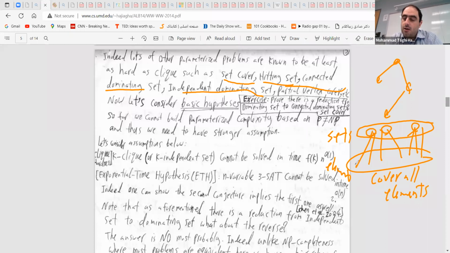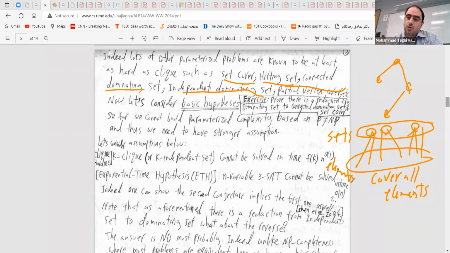What's the meaning of covering all elements? It means that the union of these sets should contain all these elements. So these are the sets, these are the elements, and we want to make sure that the union of these sets is covering all the elements.